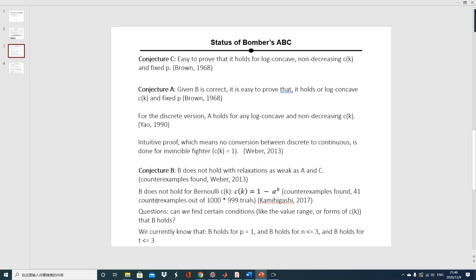But as you can see here, the number of counterexamples is actually very small compared to the overall number of trials. So we may think about whether there are certain conditions under which B holds. Well, probably, but currently the conclusions we already know are that B holds for p equals 1, and B holds for very small n and t.